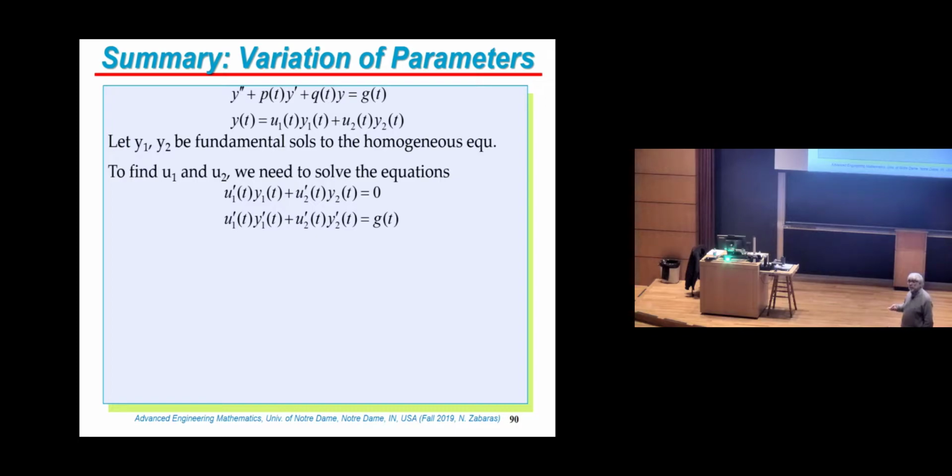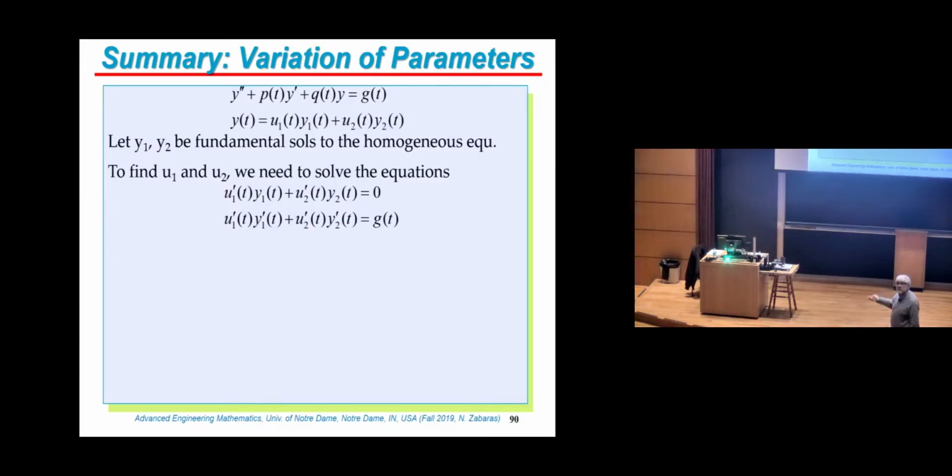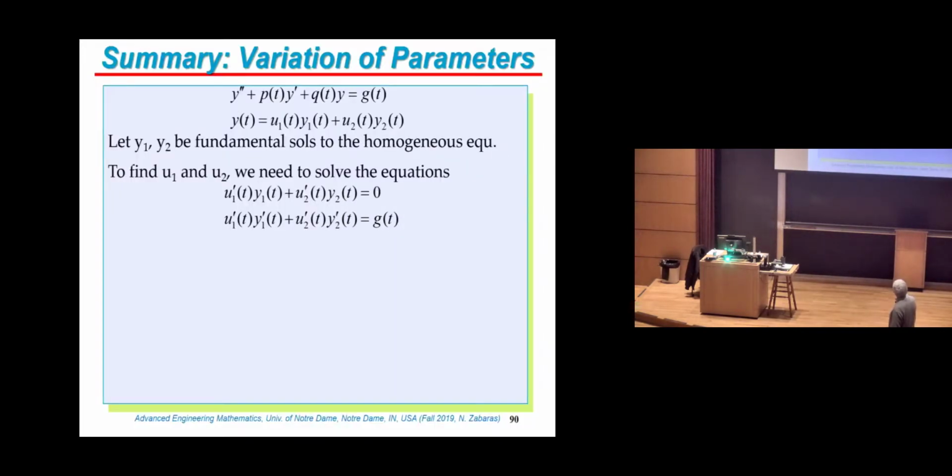So basically, when you plug in, after about 2 lines of calculations, nothing major, you will get terms like u1 times parentheses y1 double prime plus p y1 prime plus q y1, and that is 0. And similarly, you will get something like that for y2 that is 0, and the only thing that is left is u1 prime y1 prime plus u2 prime y2 prime equals g.